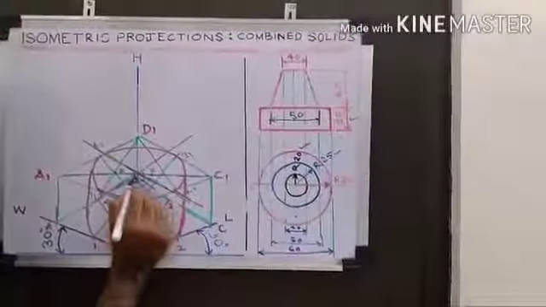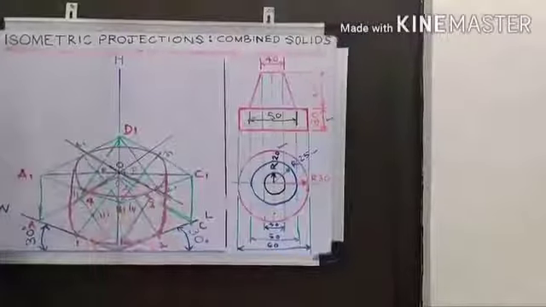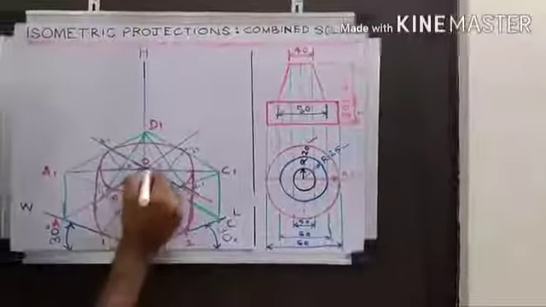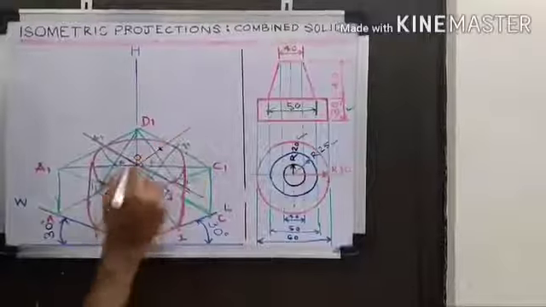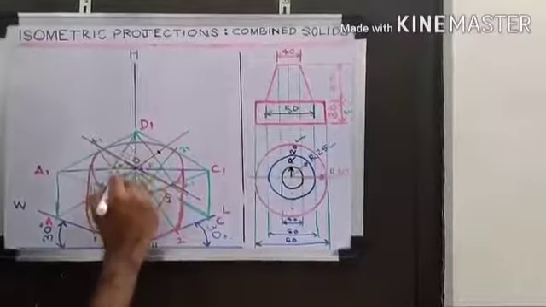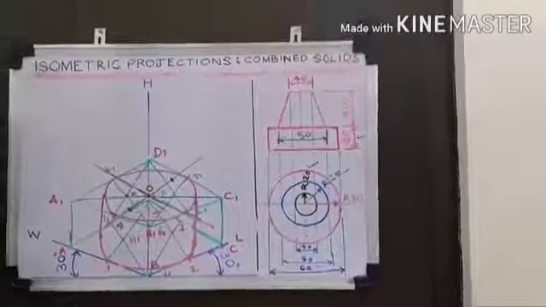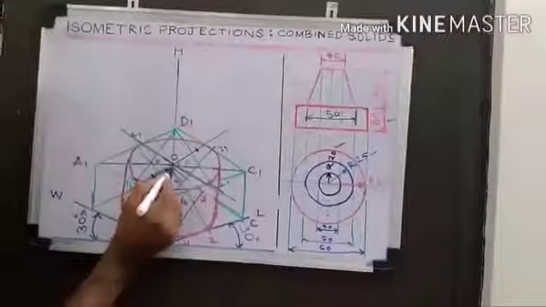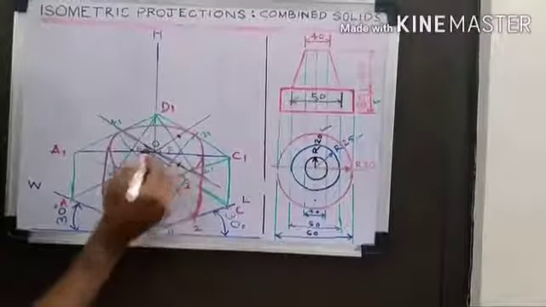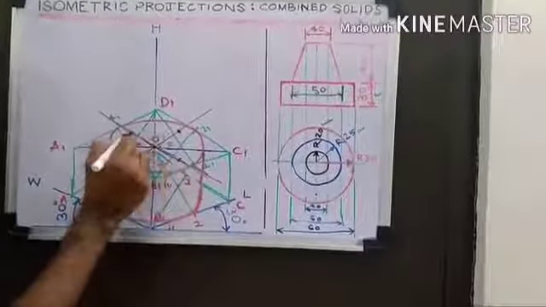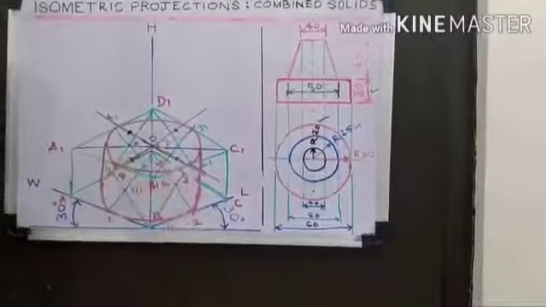Therefore, represent this point as O. This side isometric length of 25, left side, right side. Similarly, isometric length from this O to this side and isometric length upwards. Now this is 50, this is 50.